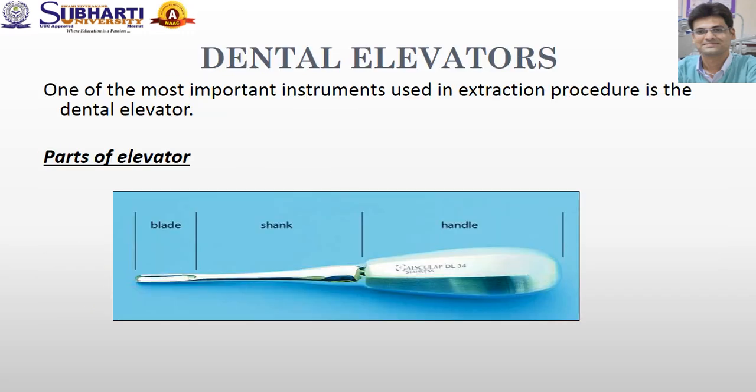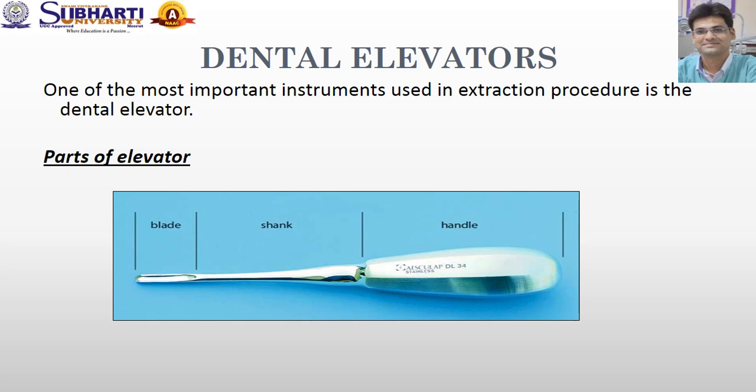Dental elevators are the most important tool used in extraction procedures. These elevators are placed for luxation of teeth prior to application of forceps, thus reducing chances of crown fracture. If the root is fractured, these instruments are also helpful in removing these root stubs. These instruments have three main parts: handle, shank and blade.